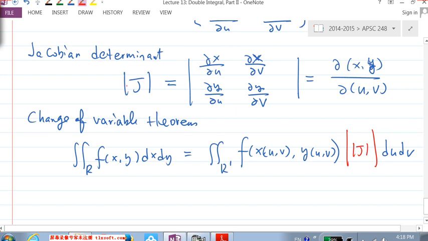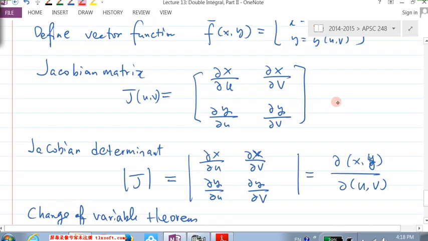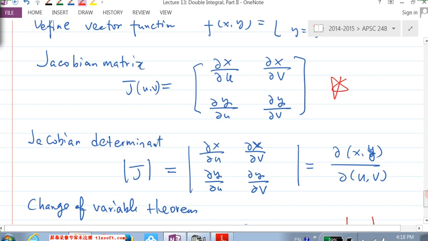This is a generic theorem, not just for polar. I'll show you how the polar case is derived based on this change of variable theorem. Is that good? It's not bad actually. The only new thing here is probably this Jacobian.